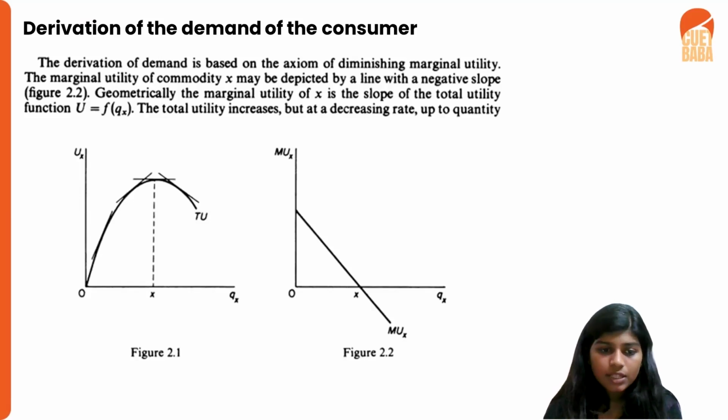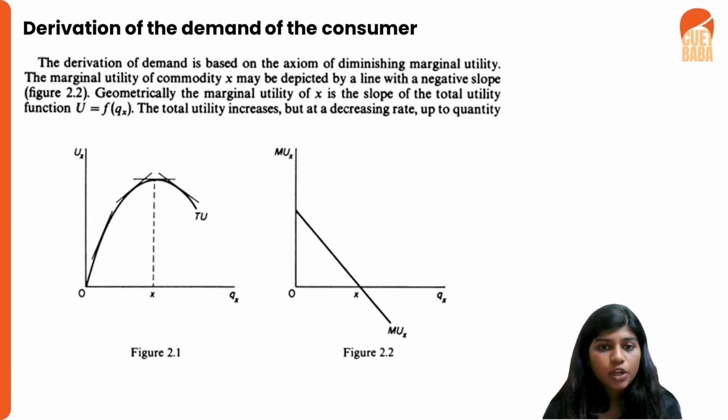Here we can see the same example, that based on the diminishing utility, it goes negative. So that is what is explained here: the derivation of demand is based on the axiom of diminishing marginal utility, and X may be depicted by a line with a negative slope.